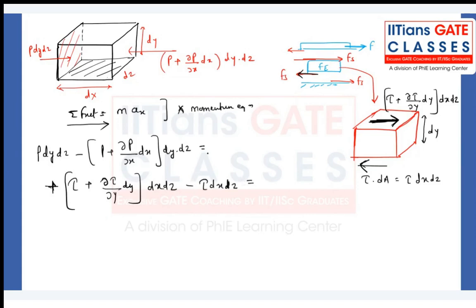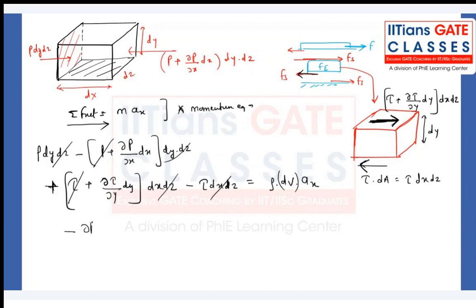That can be written as mass into acceleration. So mass can be written as rho into dV, and the acceleration in the x direction, right? So this will cancel out. What is going to be left?